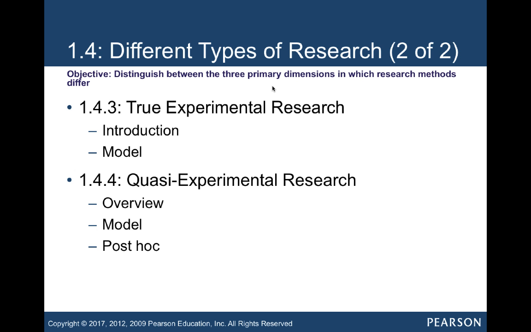So let's look at an example of coffee and talking speed. So I think you would hypothesize that the more coffee you drink, the faster you talk. So what you can do is you can bring people into a lab and have people drink coffee and then have them give a speech and then measure how many words per minute they say.